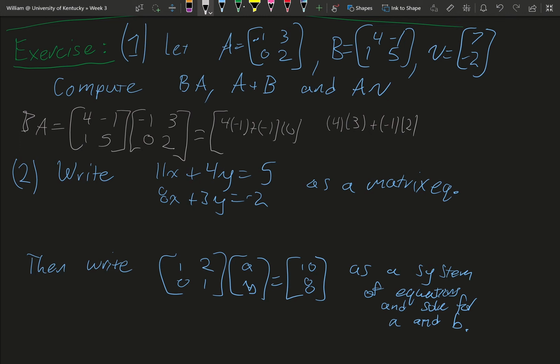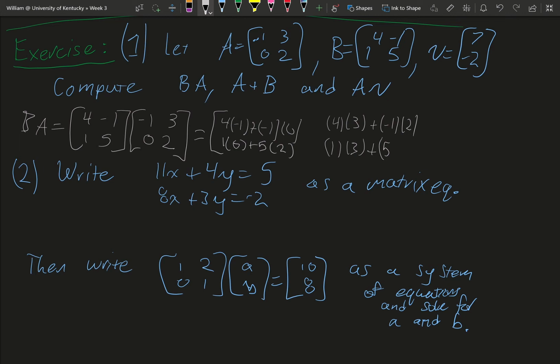Second row, first column, not 5, but 1 times 0 plus 5 times 2. And 1 times 3 plus 5.